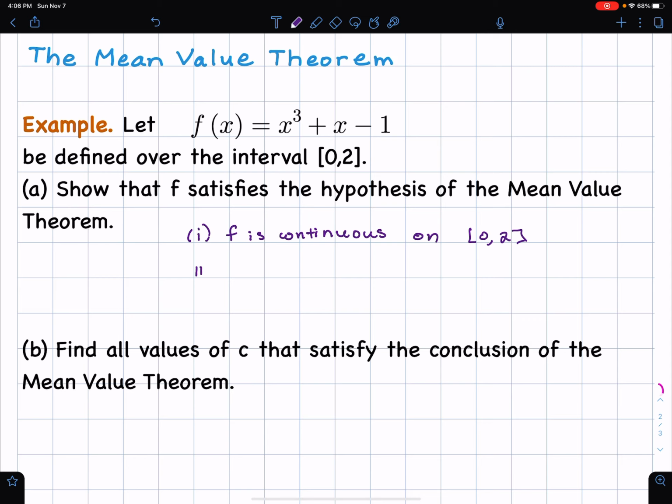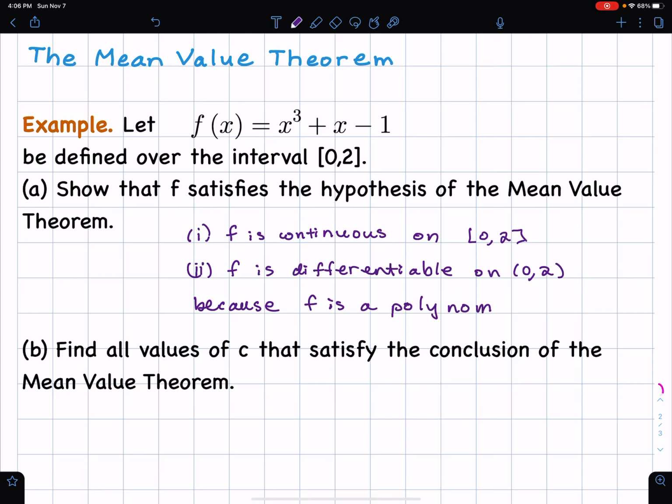And the other piece for the hypothesis is that f is differentiable on (0, 2). And this is because f is a polynomial.